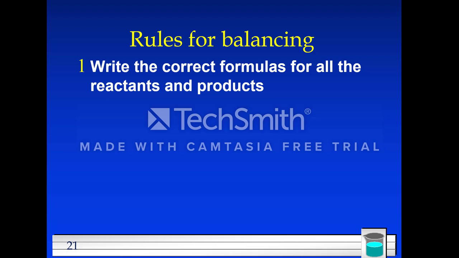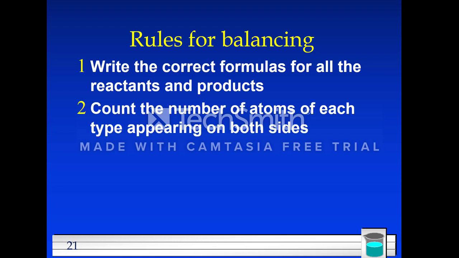Okay? So yesterday, they wrote all the formulas for you. Tonight, they'll write all the formulas for you. But then we'll move on to, okay, now here are the names of everything that fits together. You are going to have to write the formulas. Okay? Then you count the number of atoms of each type appearing on both sides. Did a lot of counting yesterday, right?